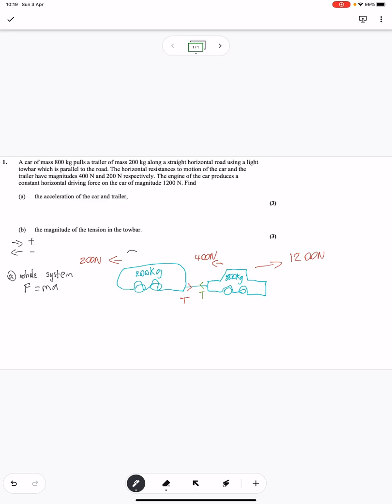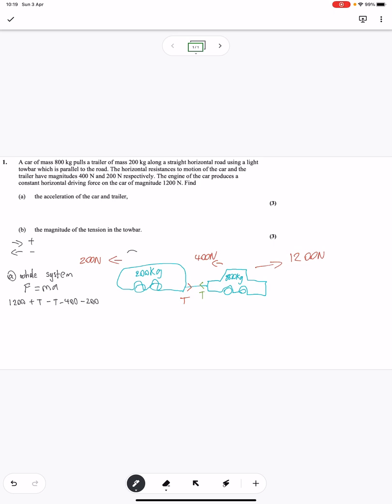Now, the forces going to the right are the 1200 newtons and the red T. So I'm going to say 1200 plus T. The other forces are all going to the left, so they're going to be negative. So we've got minus T, minus 400, minus 200.